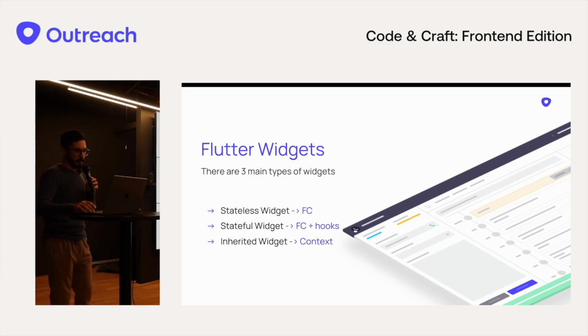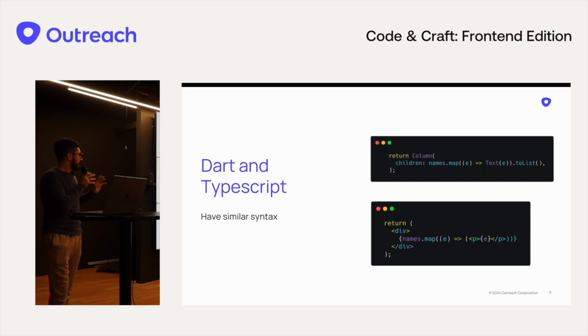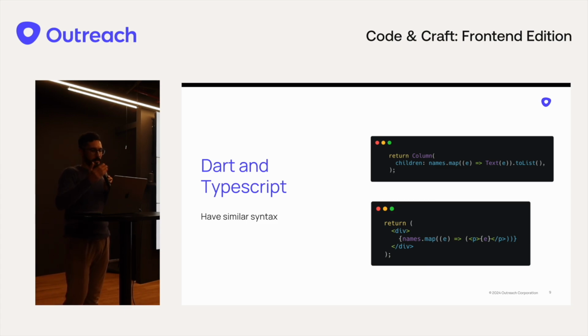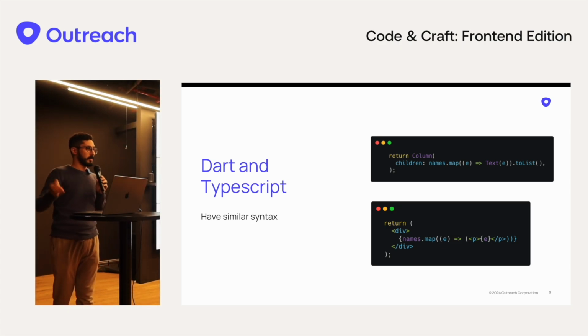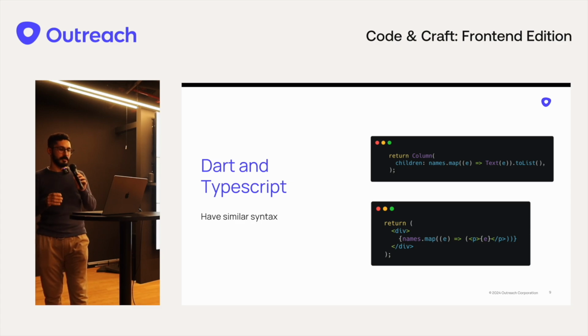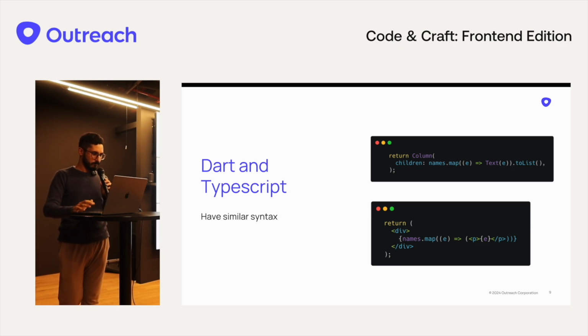So yeah, they are very similar. And also the languages or the syntax of the languages is similar. Flutter uses a language called Dart, and React uses TypeScript most of the times. And stuff like array iterators, enums, and other stuff are very, very similar.